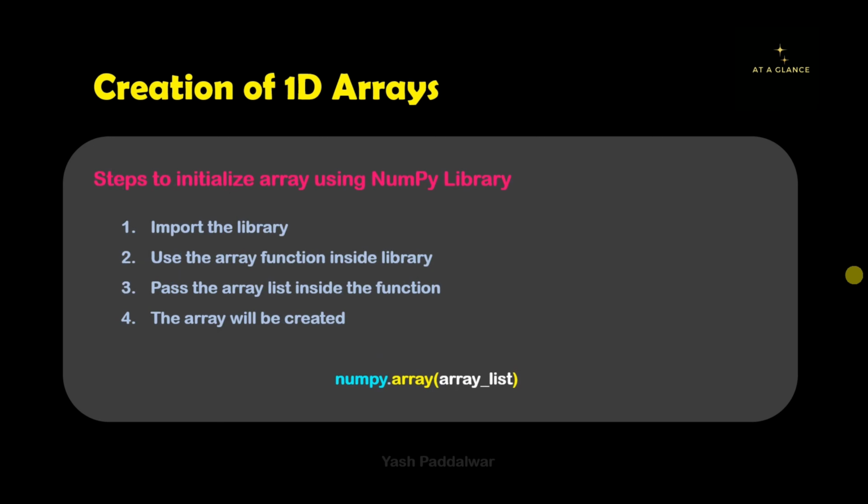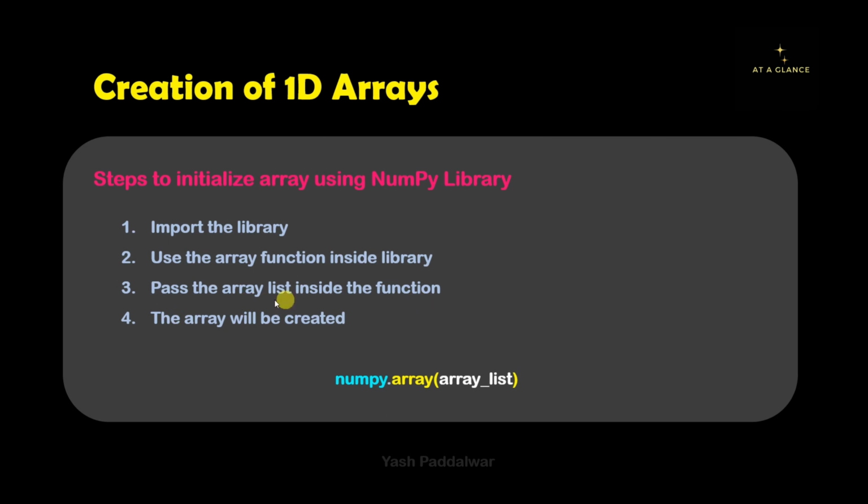Now let's have a look at the steps used to initialize an array using the NumPy library. The first step is to import the NumPy library. The NumPy library contains a huge number of functions, but we need to import the array function inside the NumPy library. The next step is to pass the array list inside the function.